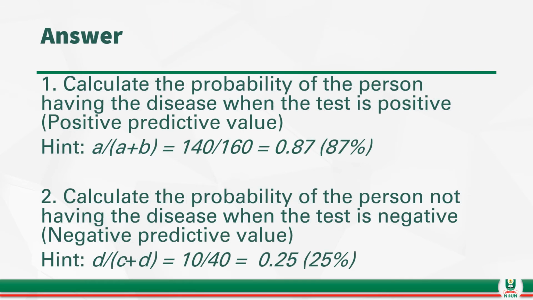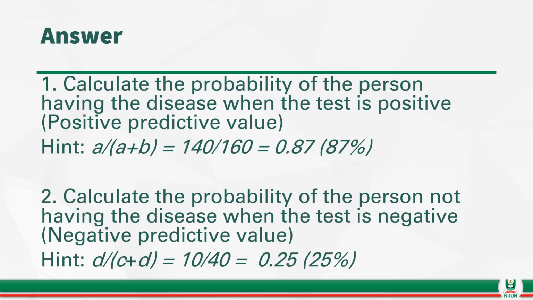So this is the answer. The probability of a person having the disease when the test is positive, positive predictive value, will be true positive over true positive plus false positive. That's all the positive results, which is 140 over 160, and that translates to 0.87 and 87%.